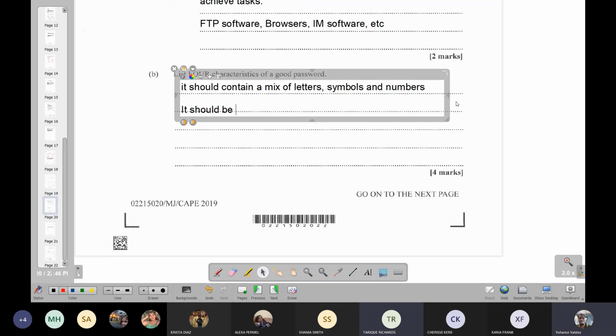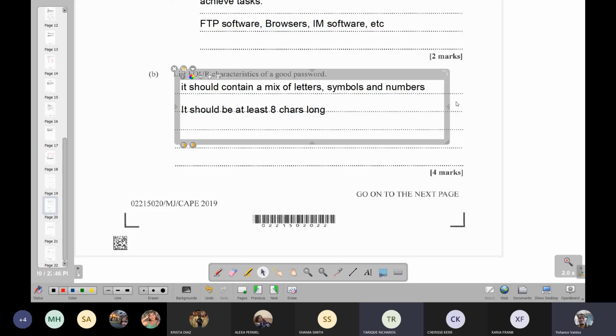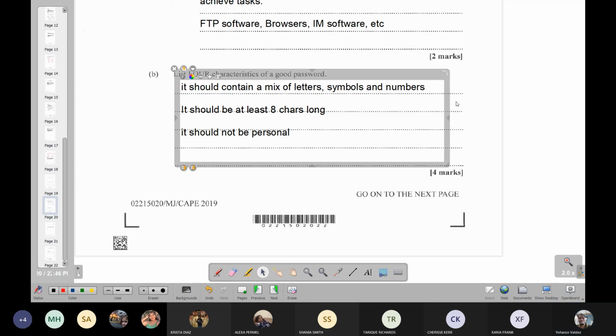It should be at least 8 characters long. It shouldn't be related to your name or personal information. It should not be easy to guess.